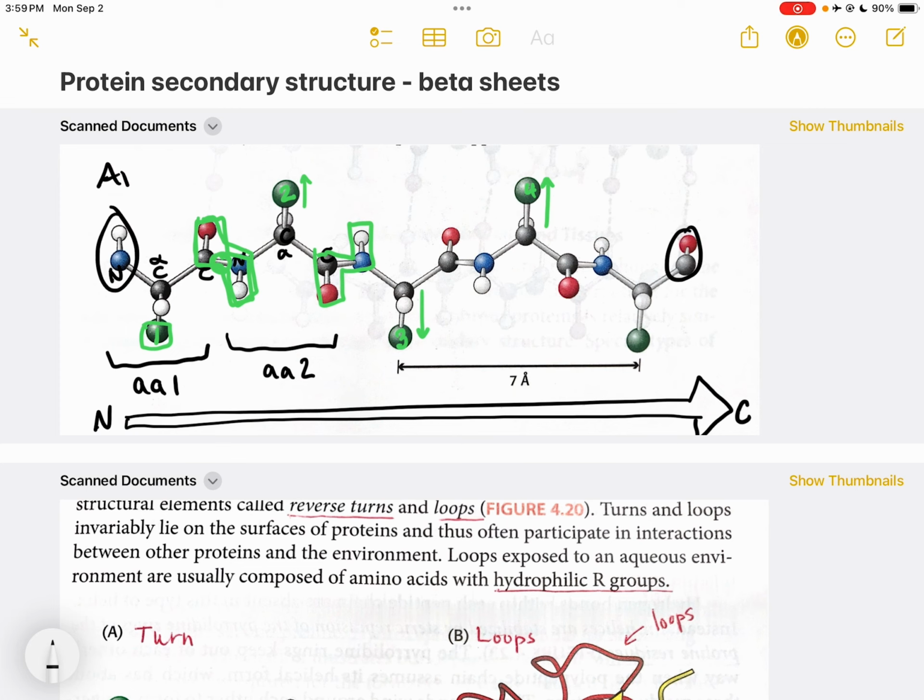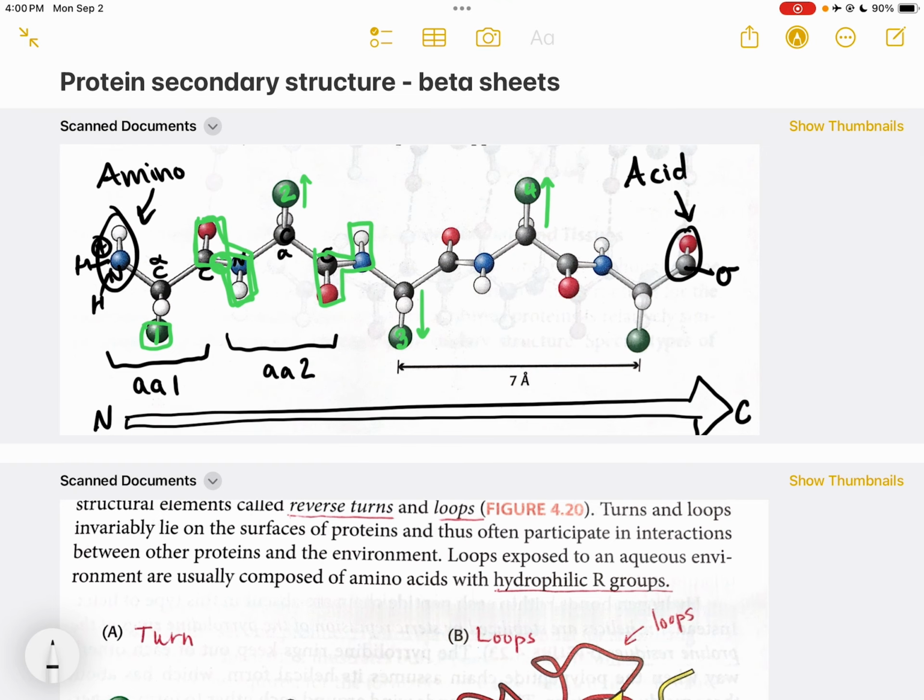And you can tell there's the C double bond O, there's the N. So there's the amino acid, there's the acid part, the C double bond O. But at the end you'd have another O there with a negative charge. At the end you'd have some more H's with a positive charge. Okay, so that is a small polypeptide.